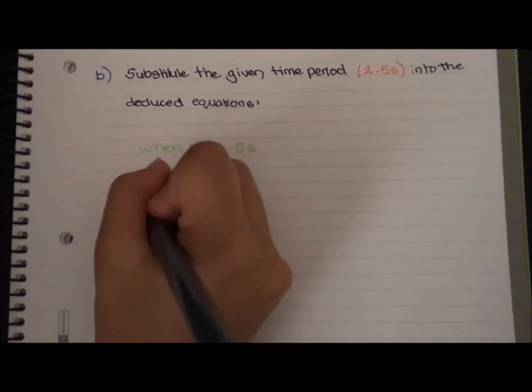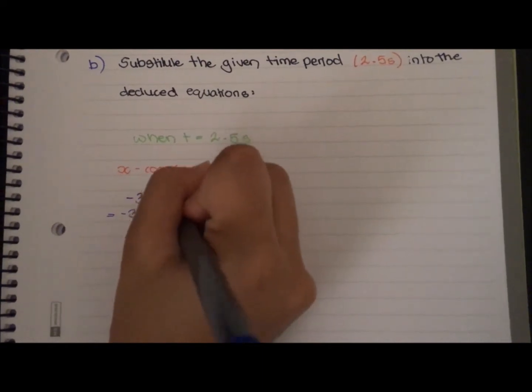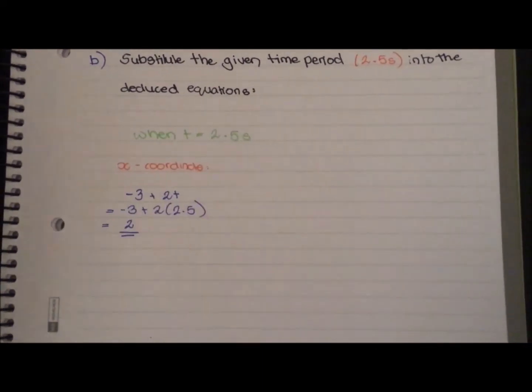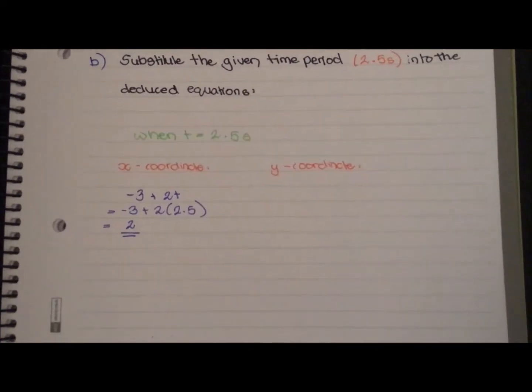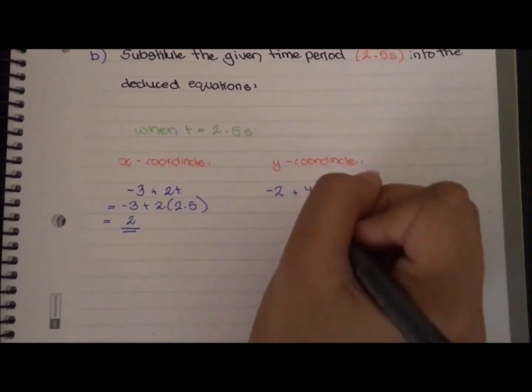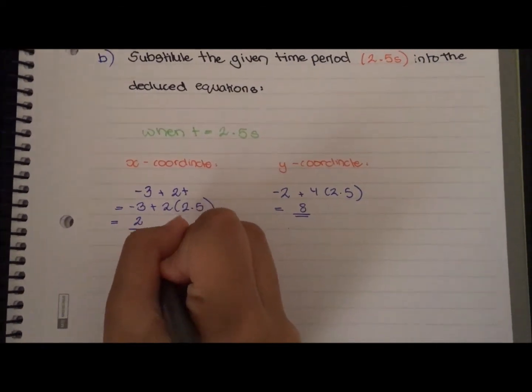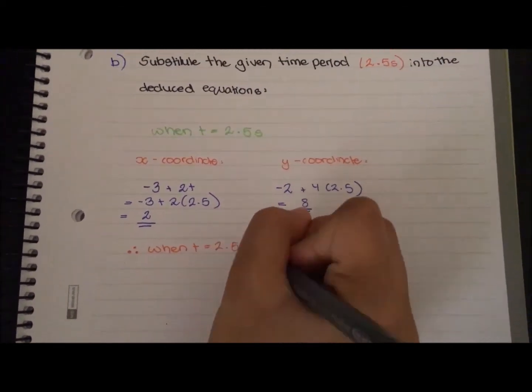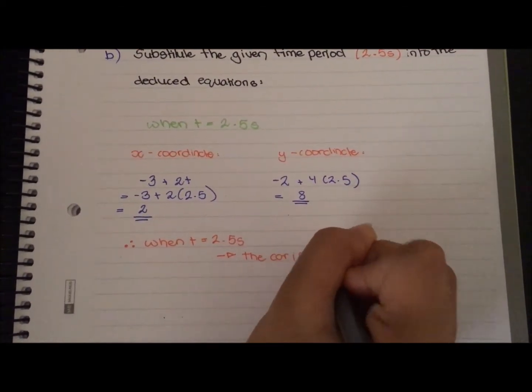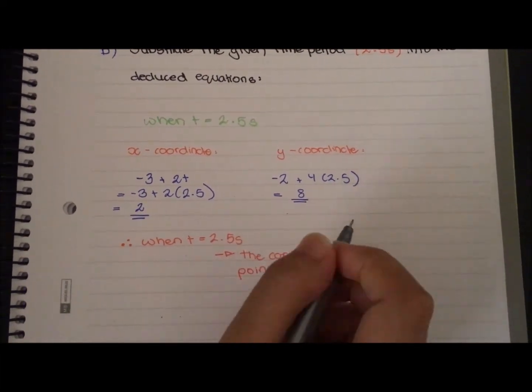To determine the position of the car in terms of x and y at 2.5 seconds, we need to substitute this in the term t in the individual equations formulated per term, where -3 plus 2t deduces the x term and -2 plus 4t deduces the y term. Through calculation, we can deduce that its overall vector position is equal to (2, 8).